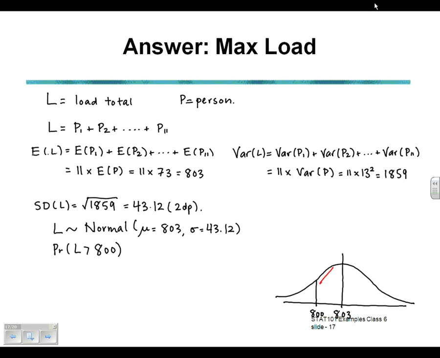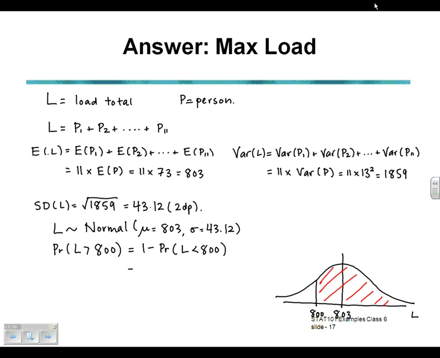So if we have our mean at 803, the probability that the load is bigger than 800 kilograms will be the area to the right of 800 on the diagram, where the horizontal label will be L for the load. So the probability that L is bigger than 800 we can find by using Excel NORM.DIST, and because it's an area to the right of a value, we would write 1 minus the probability that L is less than 800.